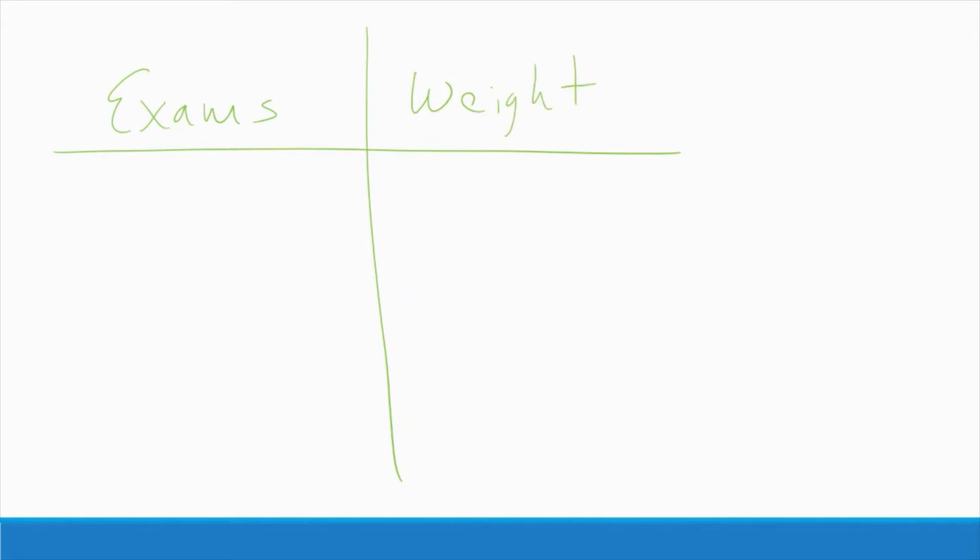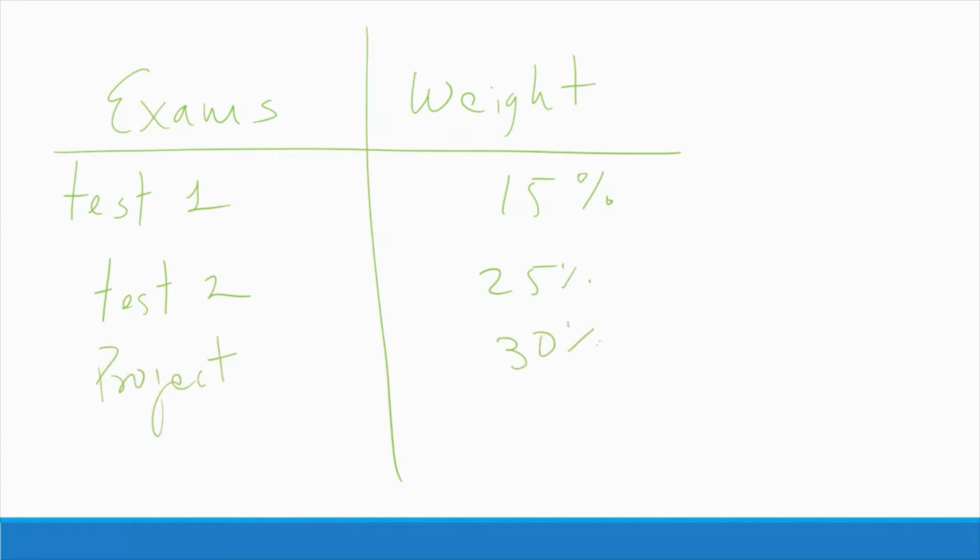So typically you have exam 1, so I'm going to write here test 1, and for my classes that usually has 15% of the final grade, and you have test 2, 25%, and there's usually a project, and that usually has 30%, and then you have a final, and that final has a 30% weight on the final grade.